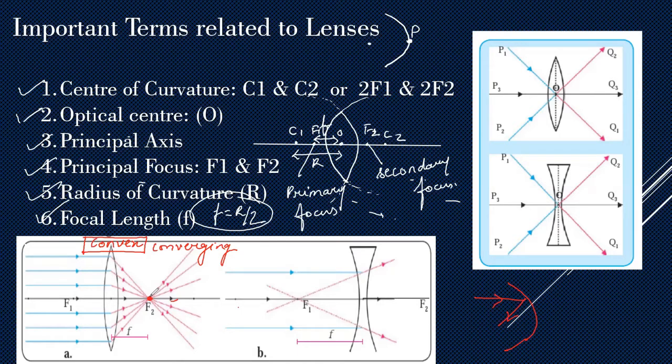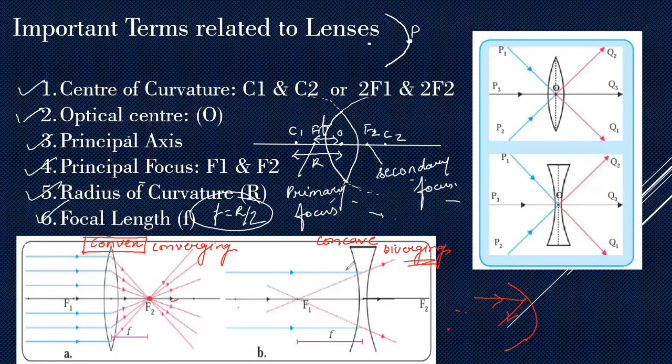Understood? Here in this case, again, this is a concave lens. As both the parts are concave, it is a concave lens, and as you can see, the light rays are getting diverged. A concave lens is a diverging lens. Understood?